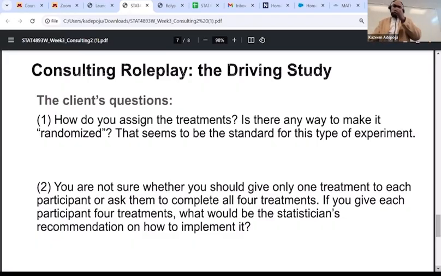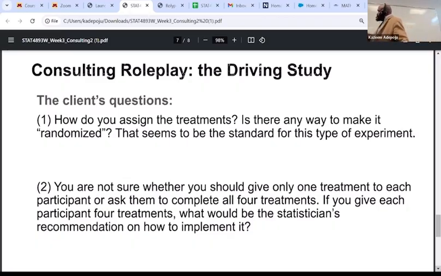We first partitioned them using the principle of blocking, where each block receives all the treatments. We have situations where the subject receives all treatments or not. We want to decide between a completely randomized design or a randomized complete block design. That is the reason.